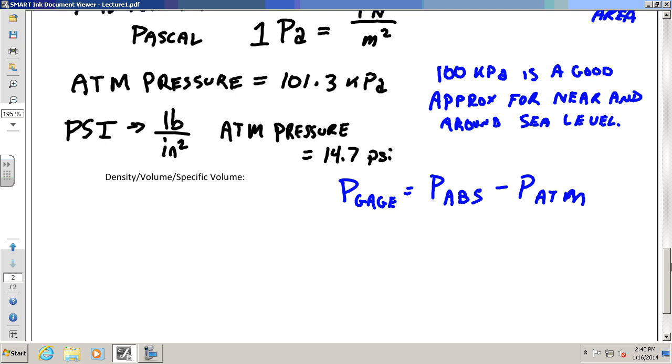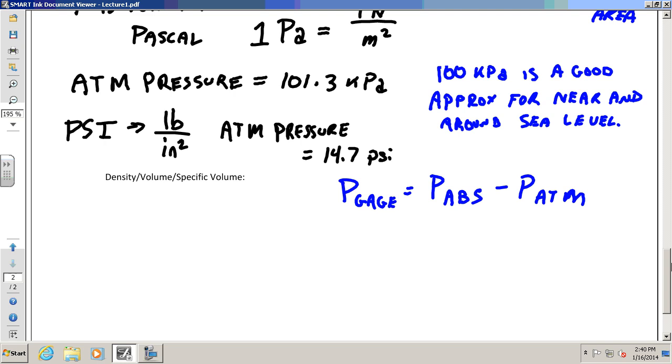So in a very simple example, when you measure your tire pressure with an old school tire pressure gauge, you know, not the onboard one, and you measure 30 psi, the pressure inside that tire isn't really 30 psi. It's actually about 44.7 psi.